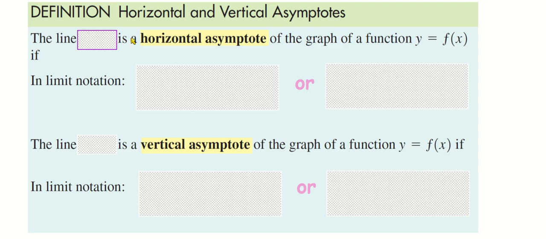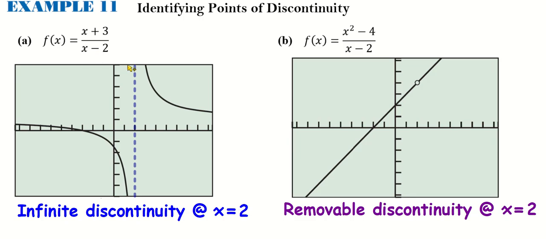Horizontal and vertical asymptotes. We've already seen these, and we've gotten maybe a starting idea of what they are. A vertical asymptote is like a force field, an invisible one, even though we usually draw dashed lines.